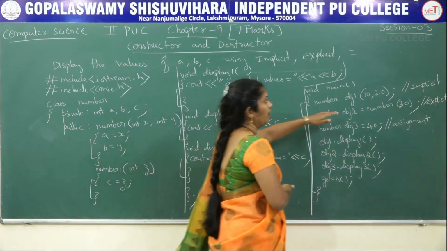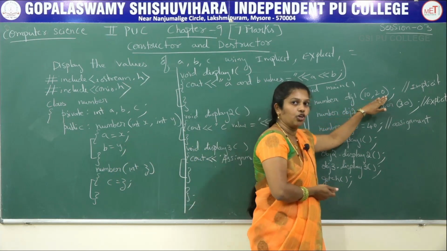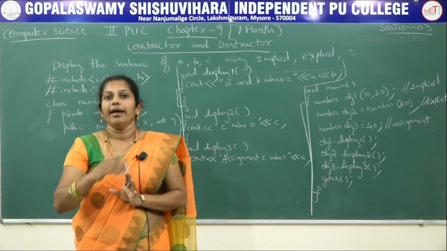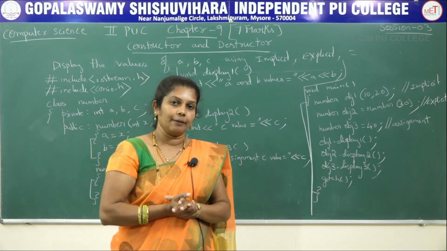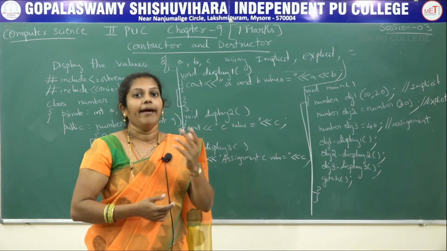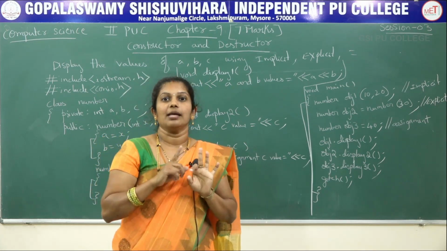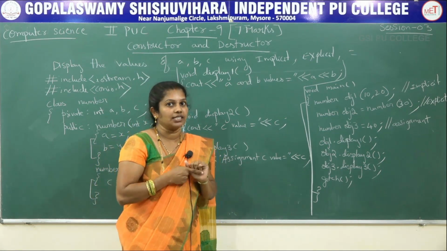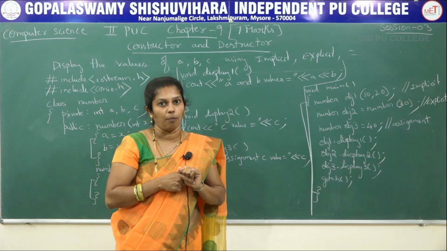When an object is created with arguments, the parameterized constructor executes automatically. It can be overloaded. It can be invoked in 3 methods. One is implicit call, explicit call, and one more is initialization at the time of declaration with assignment operator.